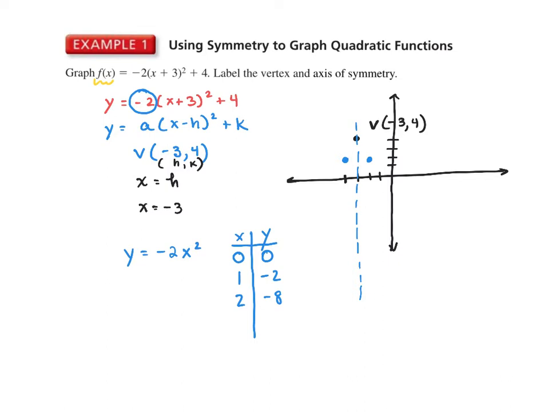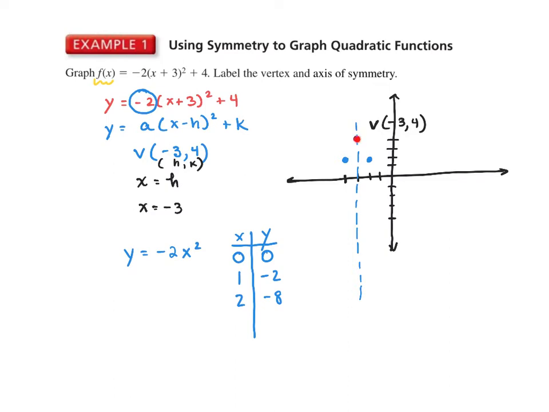My next point says count from the origin, but my origin now is this new vertex. It says go over 2 in the x, 1, 2, and go down 8: 1, 2, 3, 4, 5, 6, 7, 8.